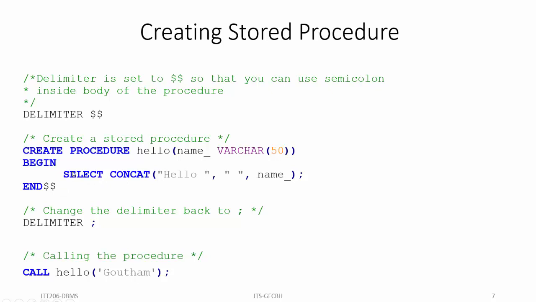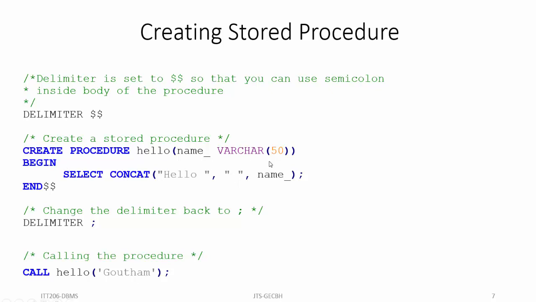In this example I have just written a statement that is concat of hello comma, then a space comma, then name_. What it does is that this concat statement will concatenate all the strings together, that is the string hello, then the string space, and then finally the data that is inside the variable name_.